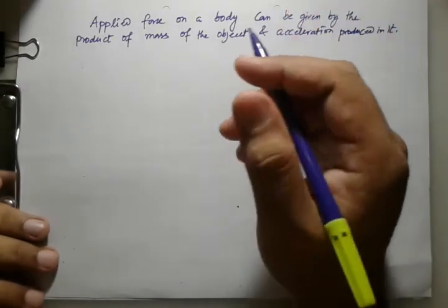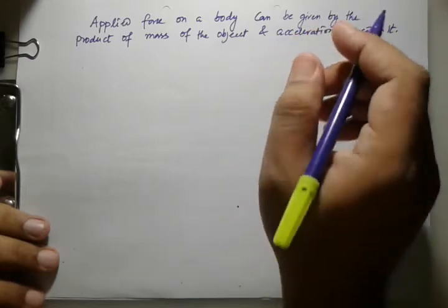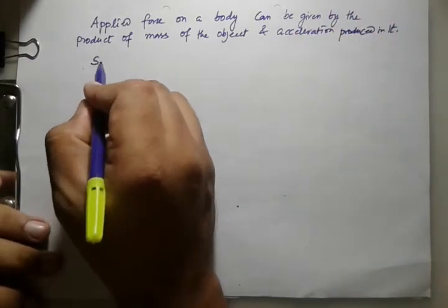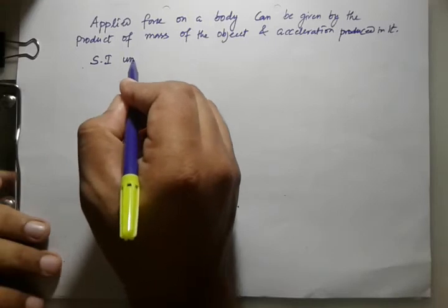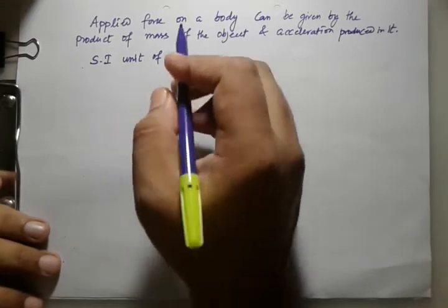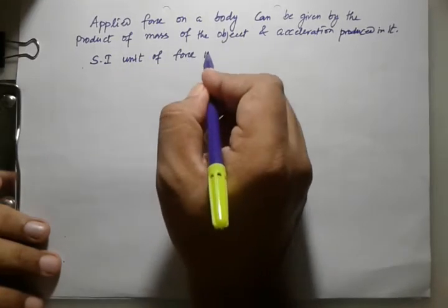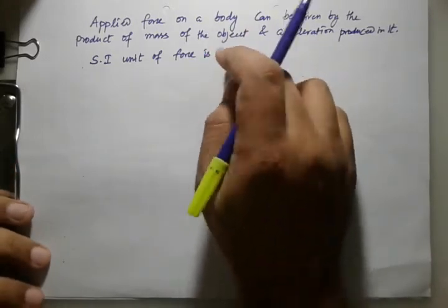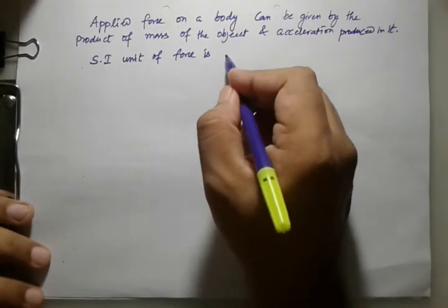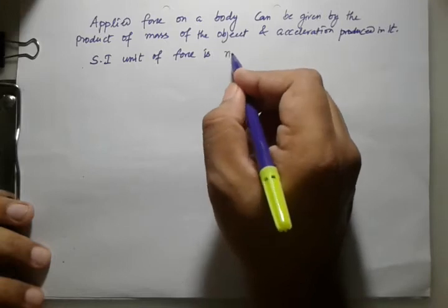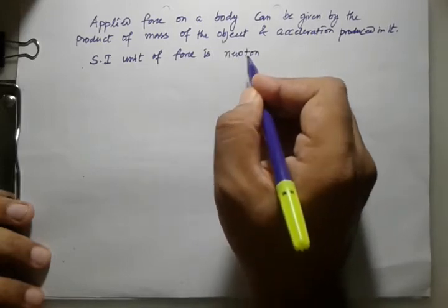Now the SI unit, you have to know the SI unit of force. Remember, the SI unit of force is the newton. If you want to write the entire name, you write it in small letters, newton.